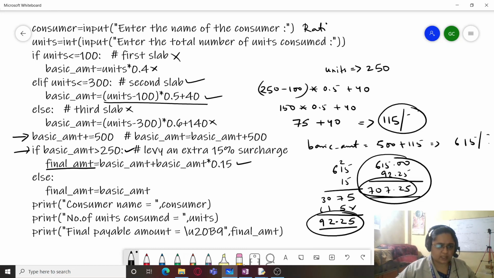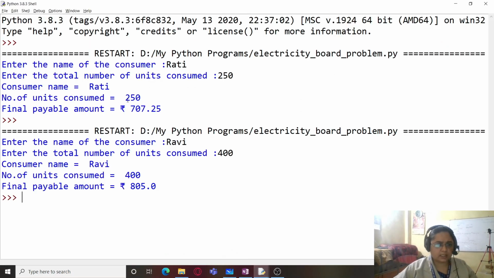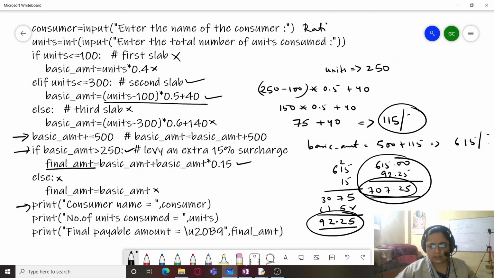This one is of course skipped. Now we will be printing the consumer name. So you can see over here consumer name is printed, number of units consumed, and final payable amount is also this amount that is being paid. So this is how my program is being executed.